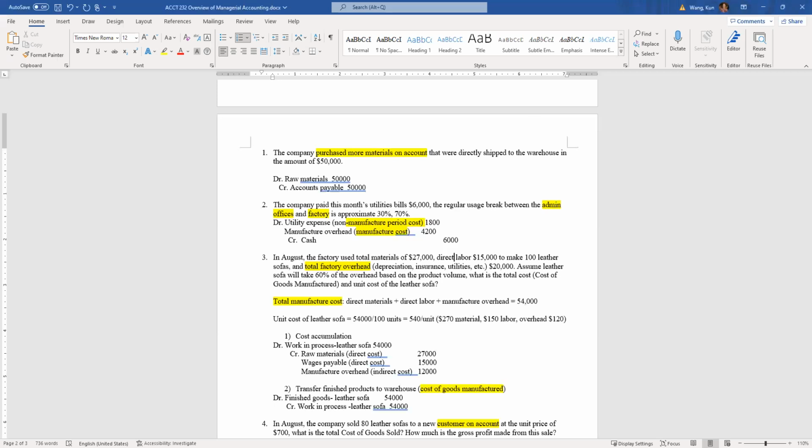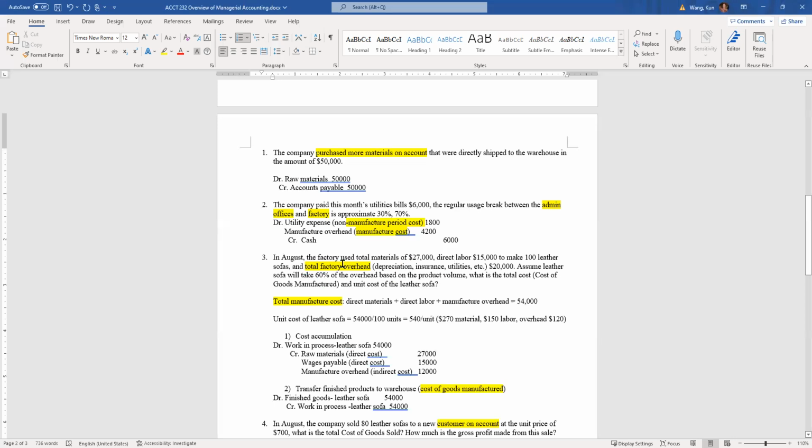And also the indirect factory overhead may include the 4,200 in transaction number 2, but totally we assume all of the indirect overhead is $20,000. So direct material, direct labor, and the manufacturer overhead to make 100 leather sofas, and assume all of the 100 sofas are completed at the end of the month.